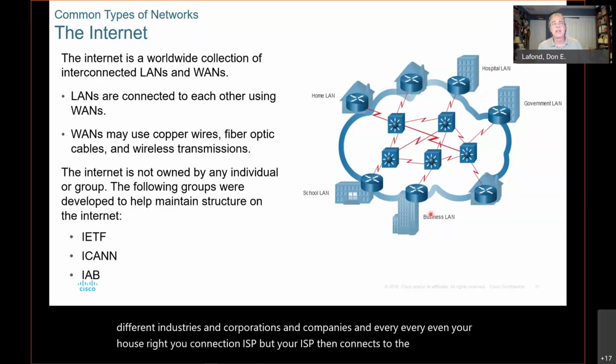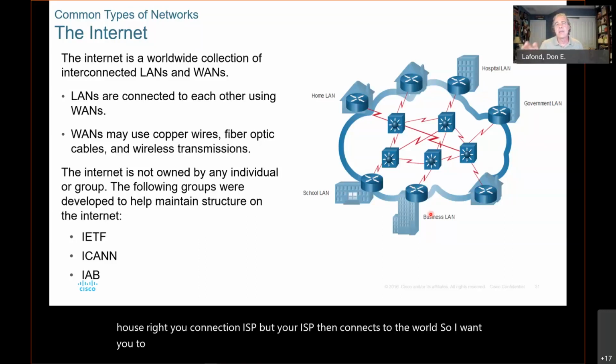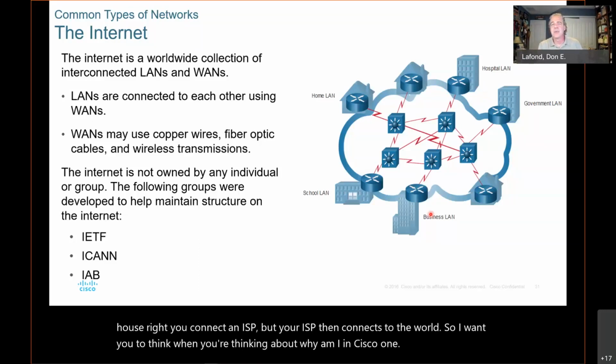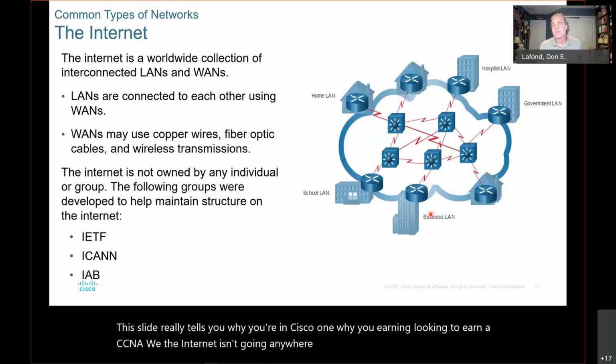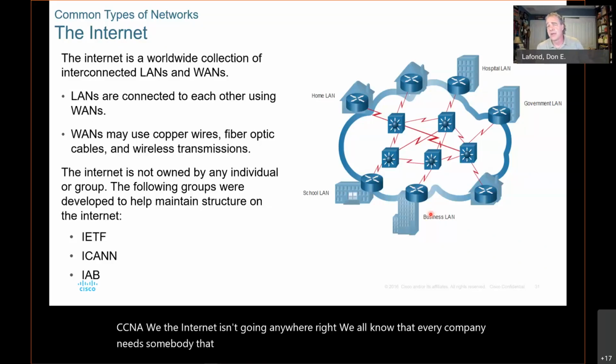So I want you to think, when you're thinking about why am I in Cisco 1, this slide really tells you why you're in Cisco 1, why you're looking to earn a CCNA. We all know the internet isn't going anywhere, right? We all know that every company needs somebody that can connect the computers together and then connect their business to the world, right? That's where your job comes into play.